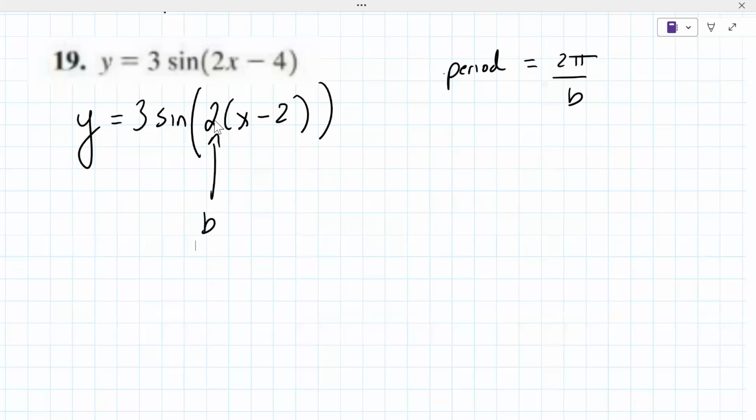Pi. 2 pi over 2, which is pi. Good. The next thing, believe it or not, is the phase shift, which we really avoided talking about, but you have to factor it out like this.